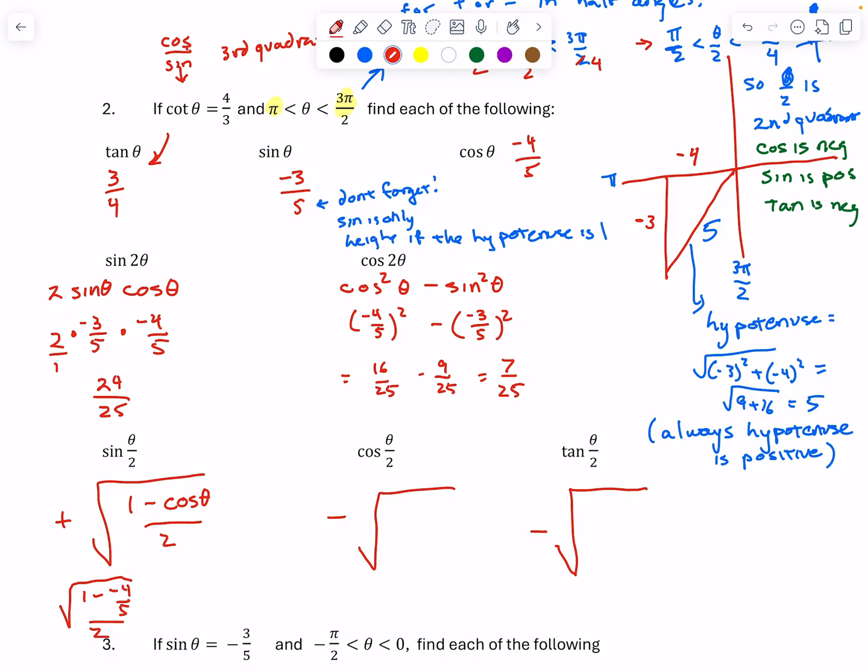I'm going to multiply everything by 5. And I don't frankly care if we turn it into root 9 over 10 or 3 root 10 over 10. Ugh, simplification, whatever.